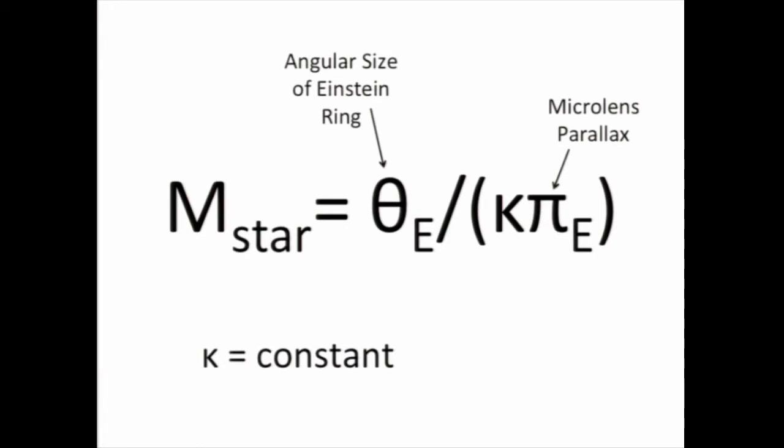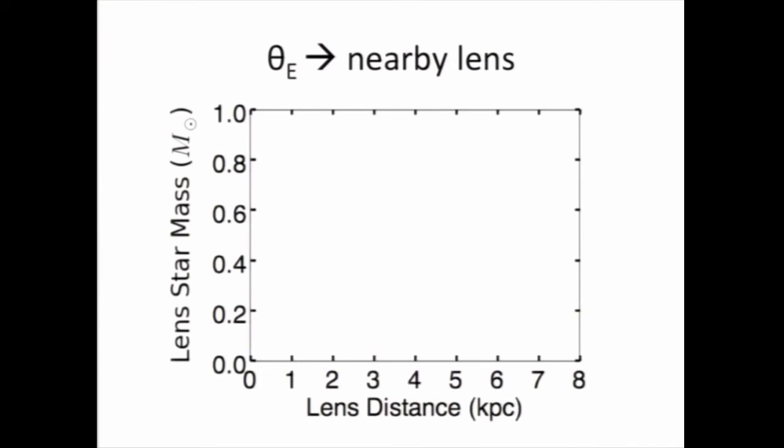The mass of the star is related to the angular size of the Einstein ring divided by the microlens parallax. So now we have 2 observables and 3 unknowns, which gives us a relationship, this mass-distance relationship from theta E. So that's one piece of information we can get.